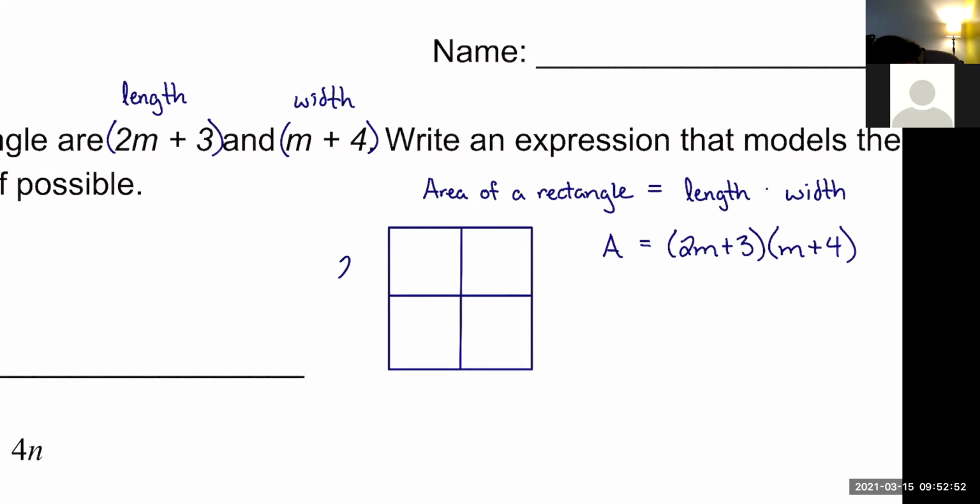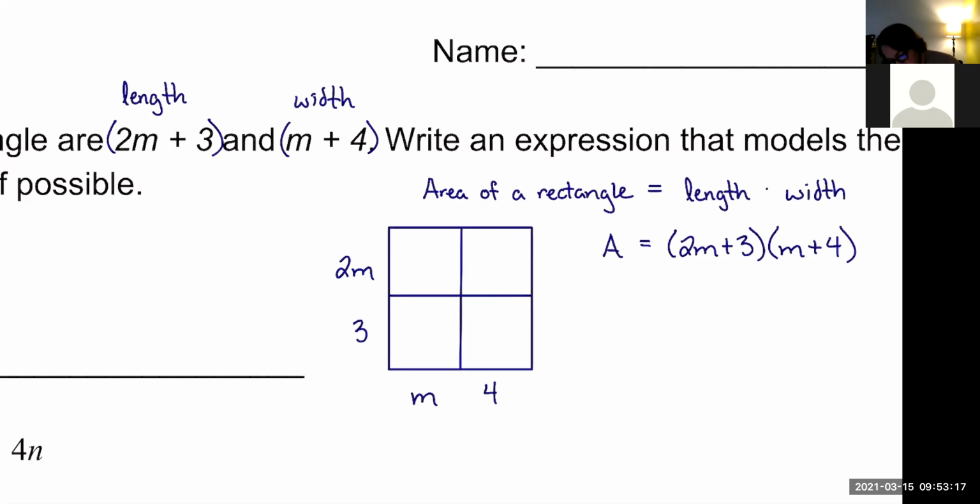I'm going to put the 2m and the positive 3, my first binomial, to label my rows, and then use the m plus 4 to label my columns. To make sure I've multiplied everything, every row is multiplied with every column, or in other words, every square is filled.